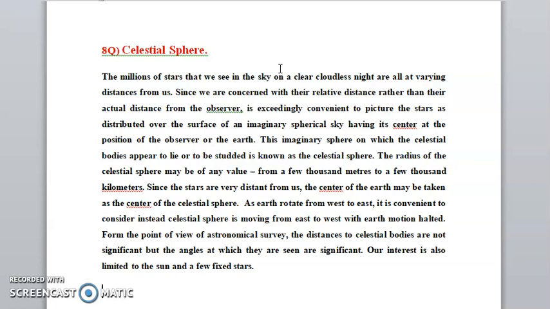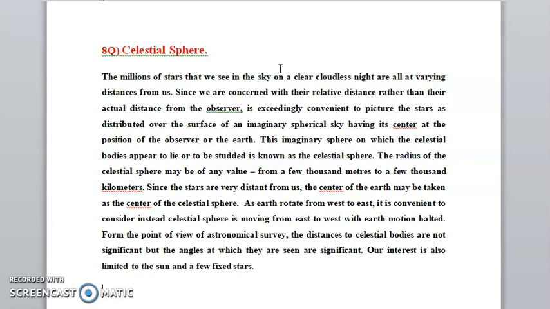The millions of stars we can see in the sky on a clear cloudless night are all at varying distances from us. Since we are concerned with their relative distance rather than the actual distance from the observer, it is exceedingly convenient to picture the stars distributed over the surface of an imaginary spherical sky having its center at the position of the observer on the earth.